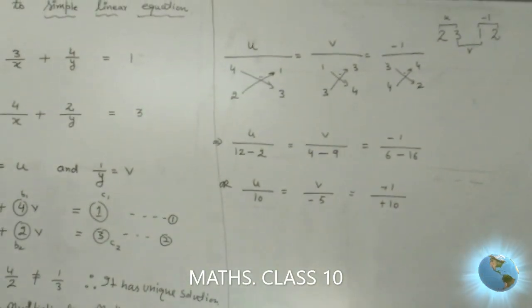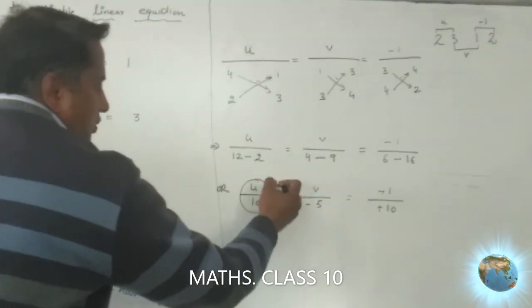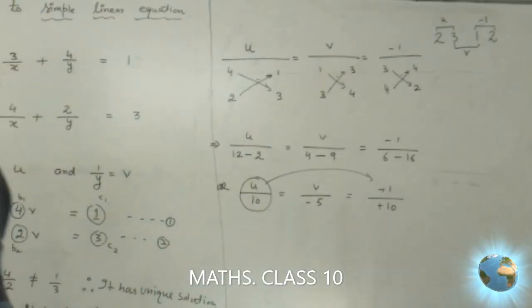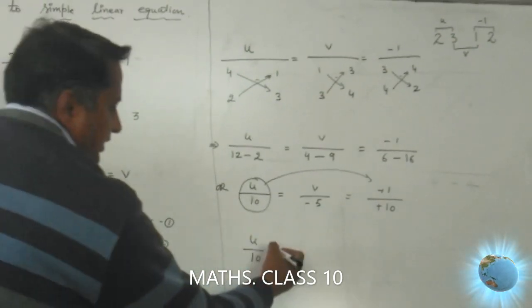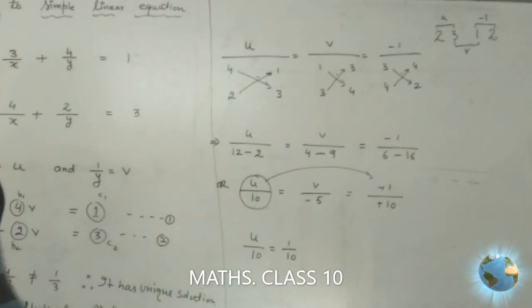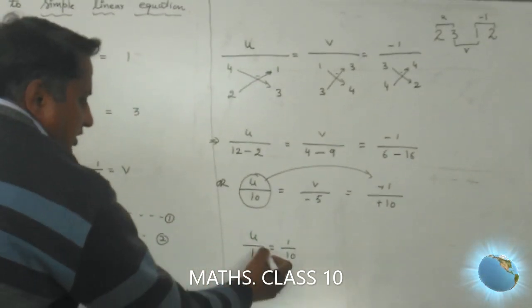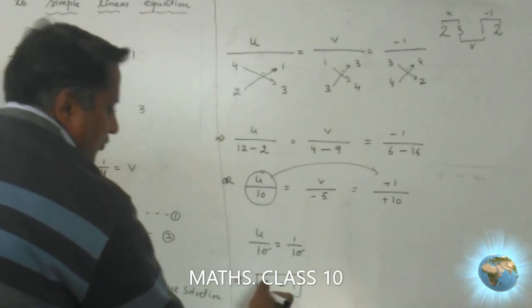Now, to find the value of u, we compare the u term with the constant term. So we can write u divided by 10 is equal to 1 by 10, or the value of u is 1.